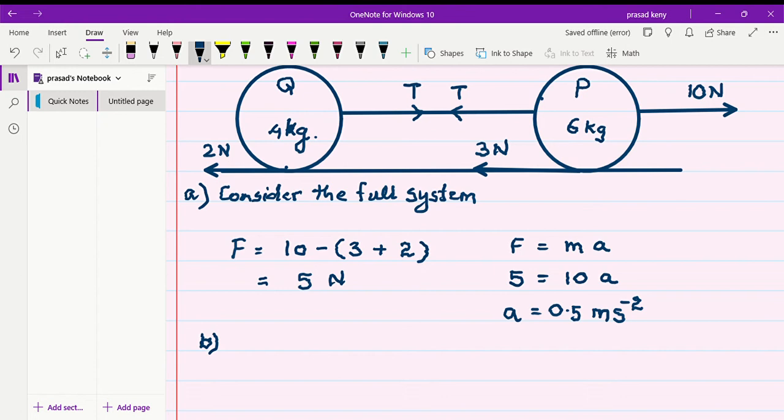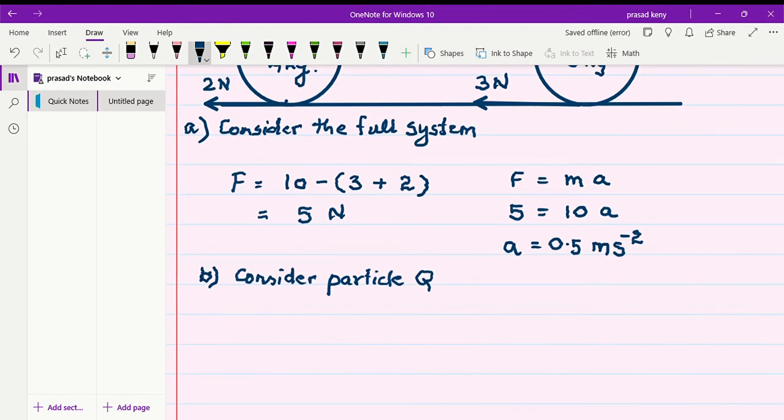So obviously that is particle Q. Now the resultant force on particle Q is T in the forward direction minus 2 in the backward direction.